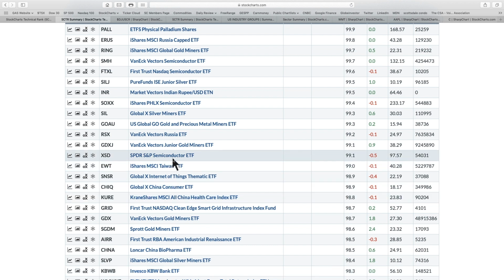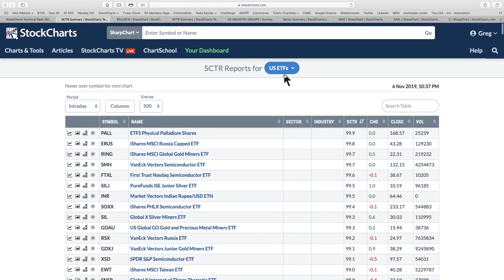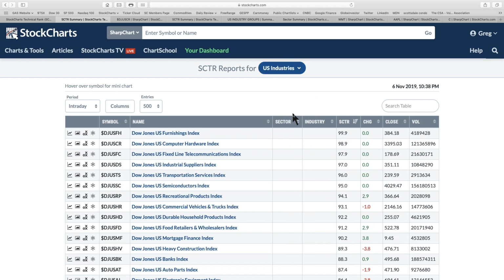We see semiconductors here, semiconductors here, semiconductors here. We go in and look at the SCTR for semiconductors. There's lots of them that are in the top 25%. So with that knowledge, we can at least focus on what's working well. So use these two components, both the ETFs and the US industries, to help direct your attention, because some industry groups might not have ETFs representing them that well, either due to size or whatever.